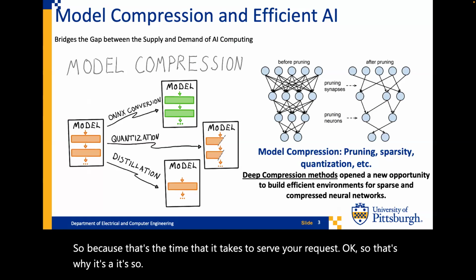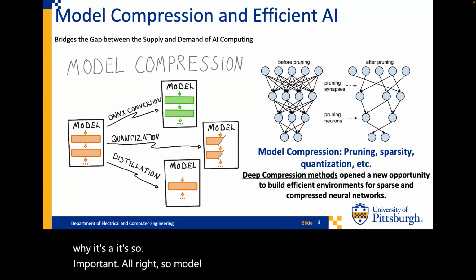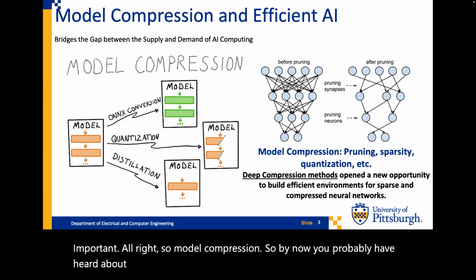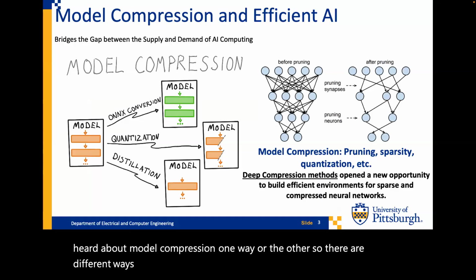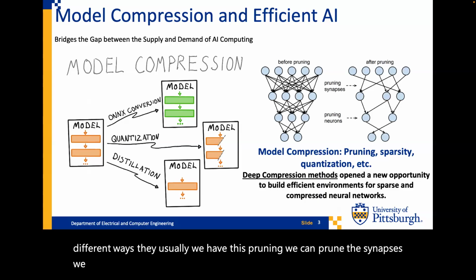All right, so model compression. By now you have probably heard about model compression one way or the other. There are different ways. Usually we have pruning. We can prune the synapses. We can prune the neurons. We can do quantization.